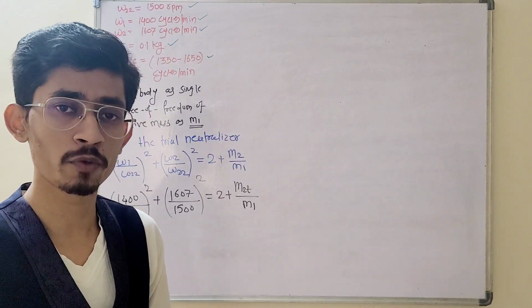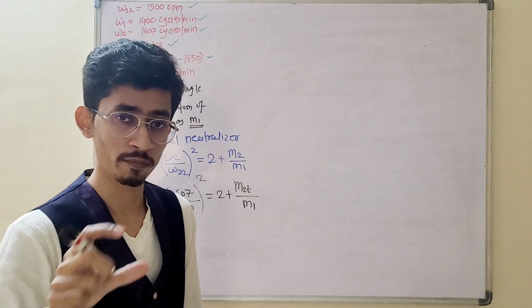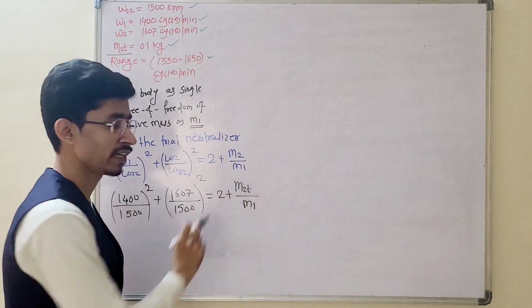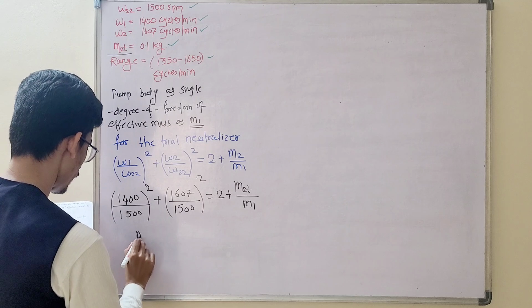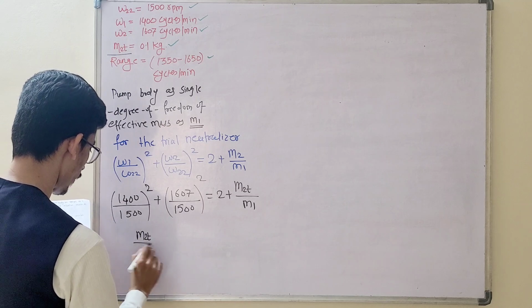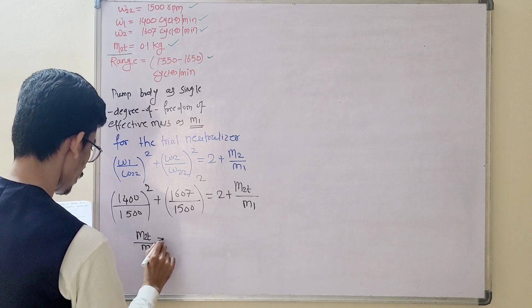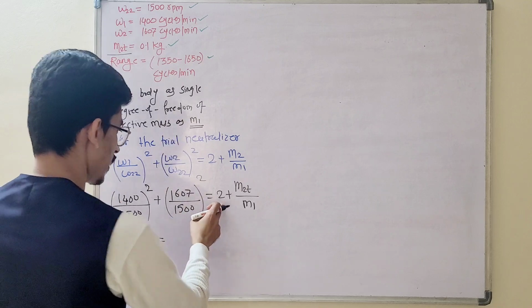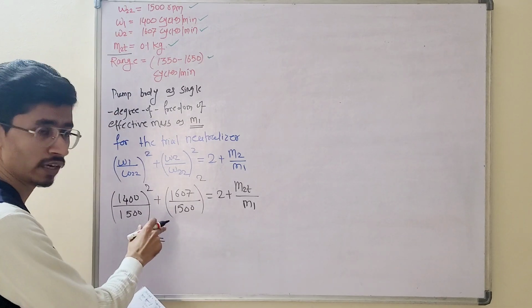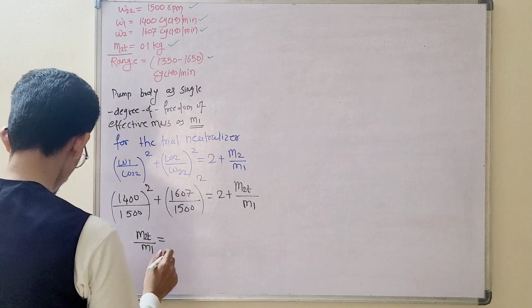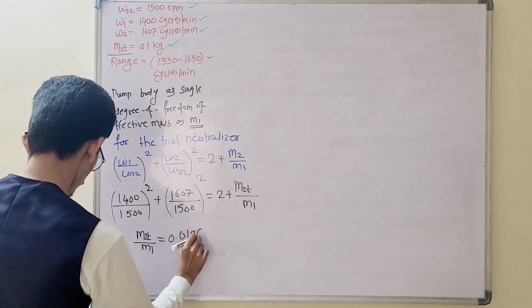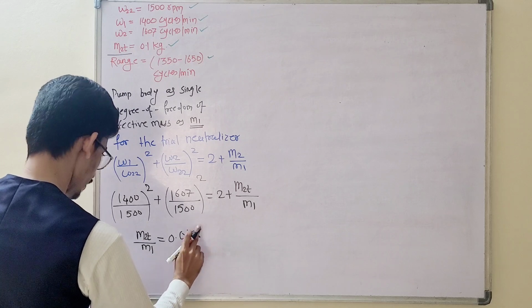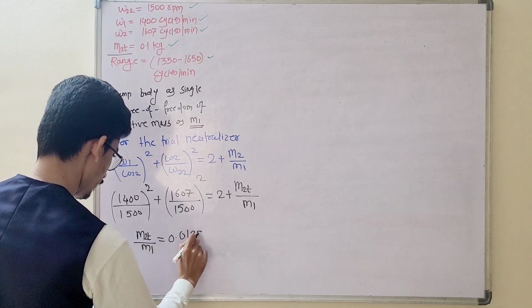We are putting m2 equal to m2t, the mass of the trial neutralizer. After solving this, you will get an expression for m2t divided by m1. After simplification, from this data you will get m2t by m1 equal to 0.01866.